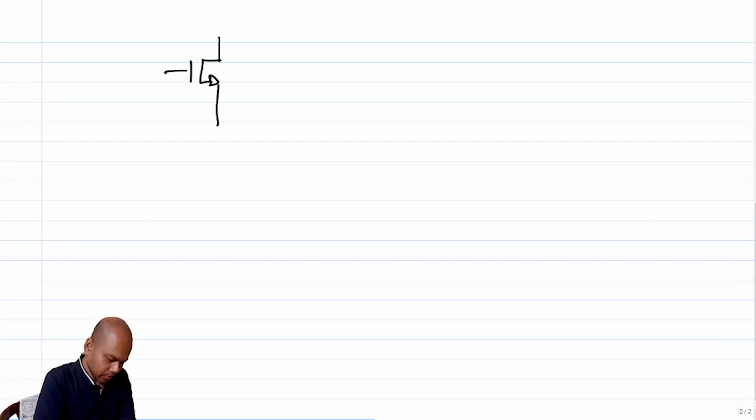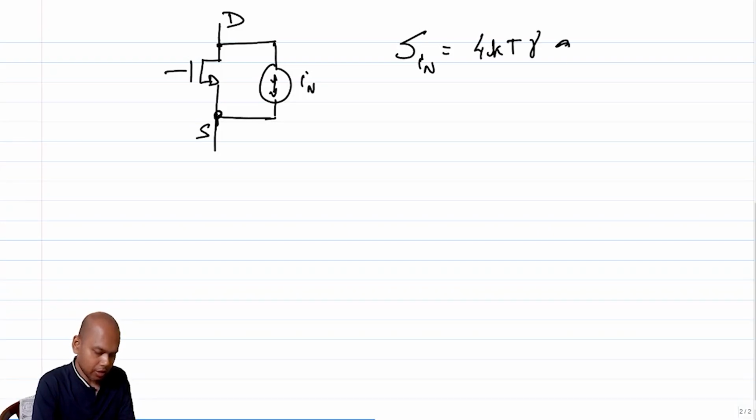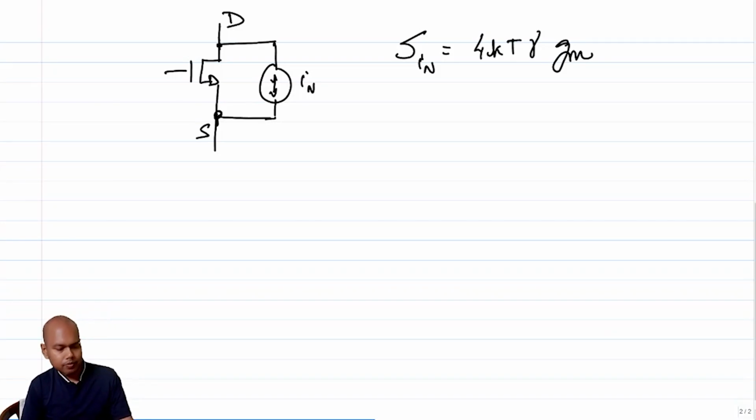The most convenient thermal noise model for a MOSFET is a current source which goes from drain to source, and if I call this IN, the spectral density of IN is 4kT gamma times Gm.